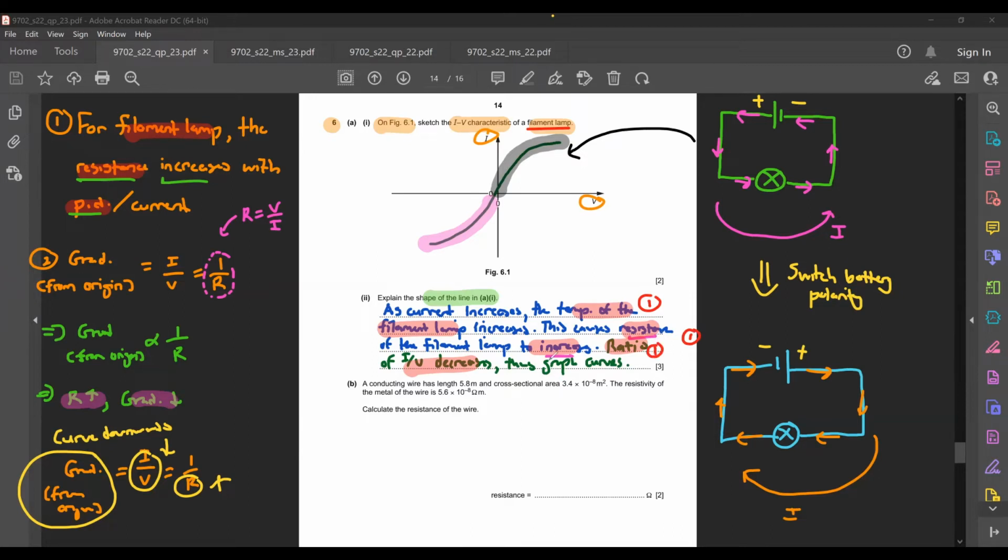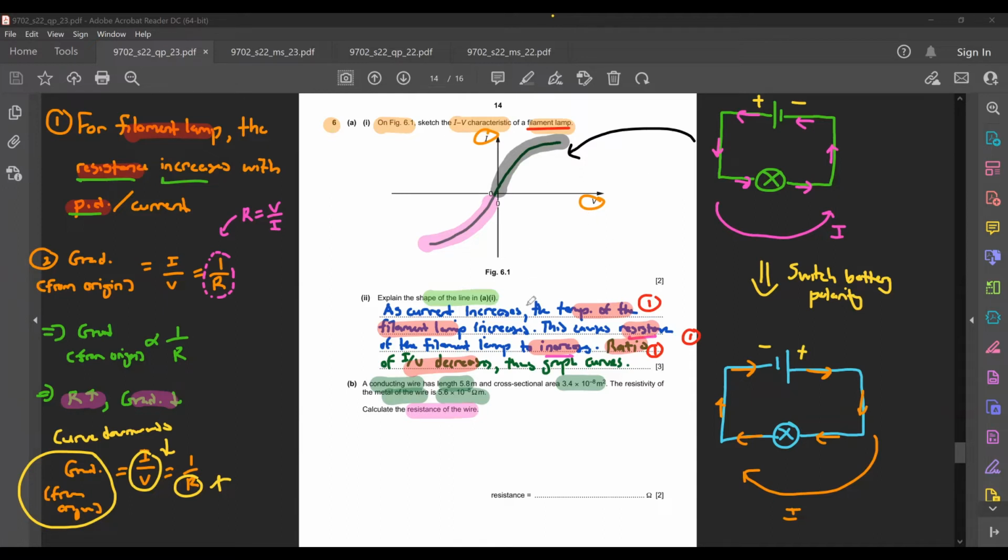All right. Okay, now if you move on to part B, a conducting wire has a length of 5.8 meters and a cross-sectional area of 3.4 times 10 power minus 8 meters squared. The resistivity of the metal wire is 5.6 times 10 power minus 8 ohm meter. Calculate the resistance of the wire itself. Okay.